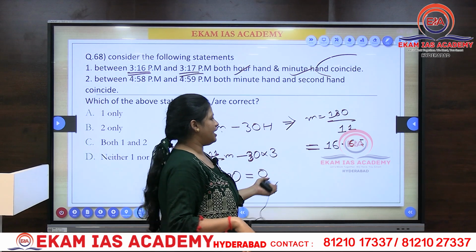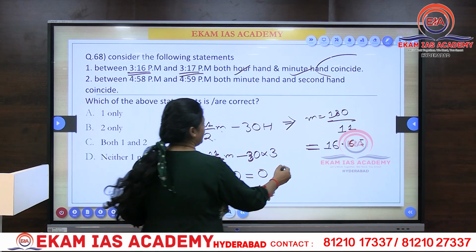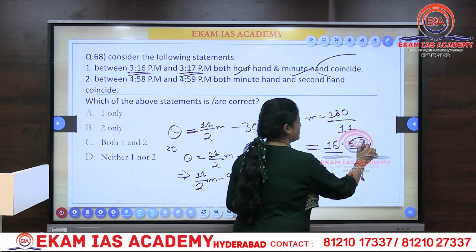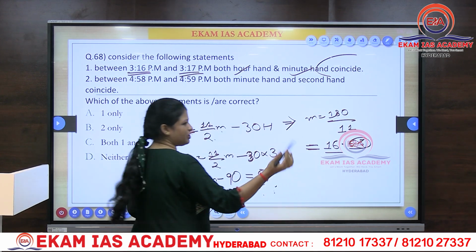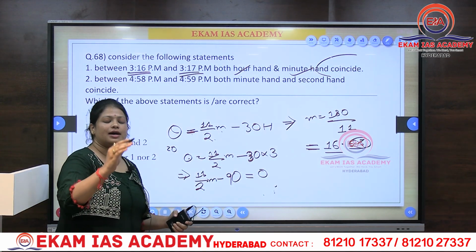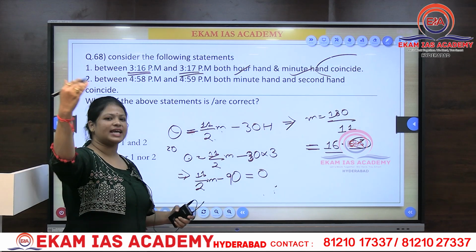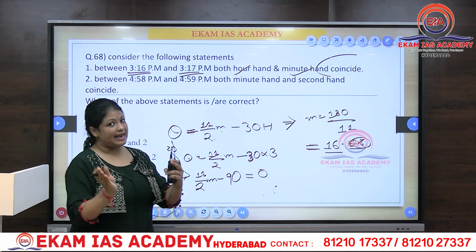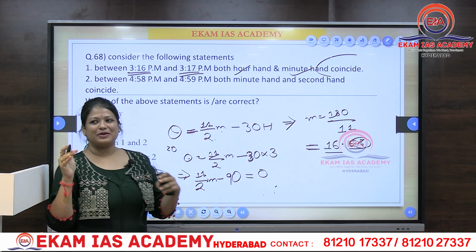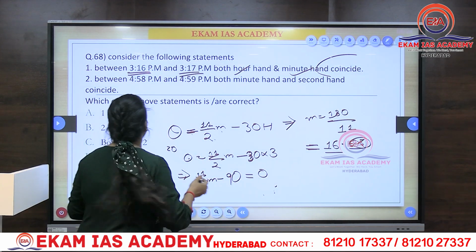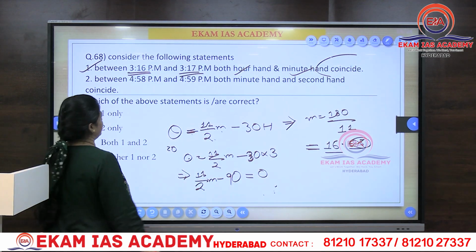When I simplify this, I get 3 hours 16 minutes and a few seconds, when both the hour hand and minute hand will coincide after 3 o'clock. Hence statement 1 is right.